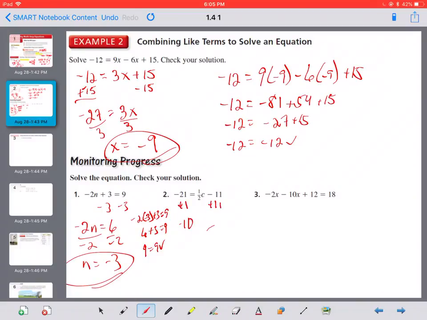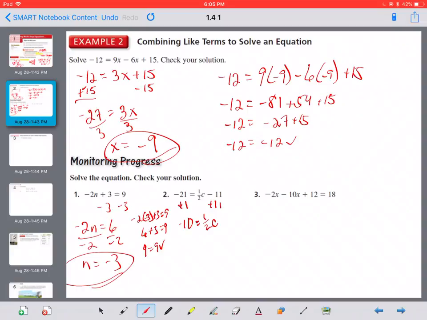Circle. All right, let's add 11 to both sides. It gives me -10 equals 1/2 c. Now, 1/2 times c, the 1 times the c becomes c over 2. The line means divide, the denominator means by how much.